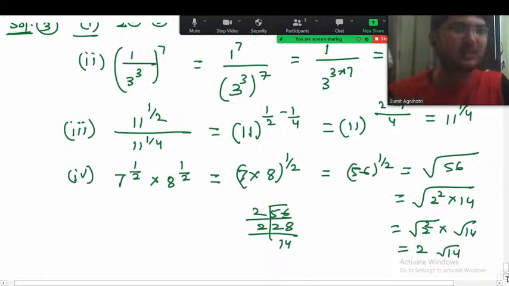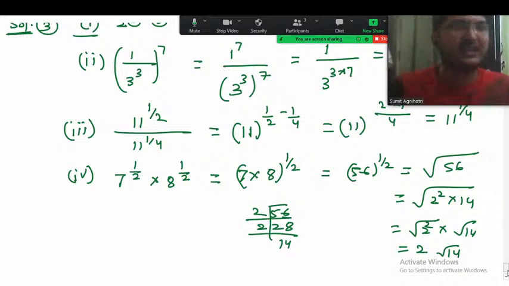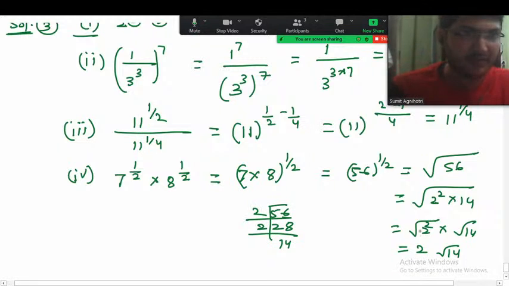No, 14 is not a prime, but it is 2 into 7. That is why I have not written 2 into 7, because I can't make a pair out of this. That's why I have written it 14. But we can make a pair out of 2, 2 raised to the power 2. We can take 2 outside the root. 2 root 14 is your answer. Got it? Okay.